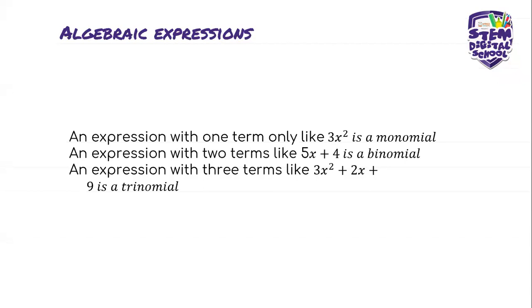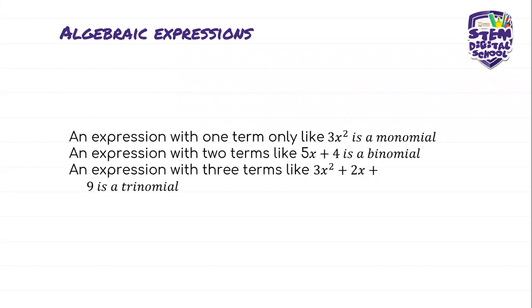And an expression with two terms, like 5x plus 4, is known as a binomial. And an expression with three terms, like 3x squared plus 2x plus 9, is known as a trinomial. You can use these different terms at any time.